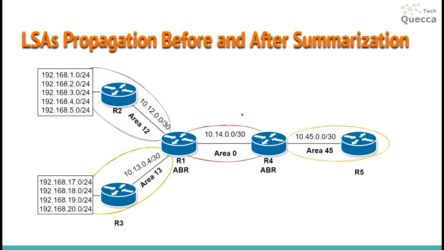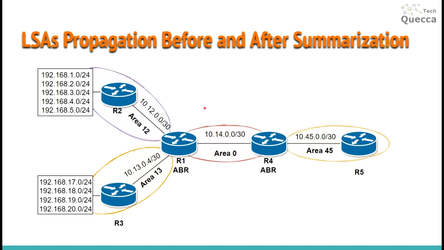If we configure route summarization, let's calculate. We had 5 plus 4 plus 2, which is 11 Type 3 LSAs flooded into area 0 and from area 12 to area 45.